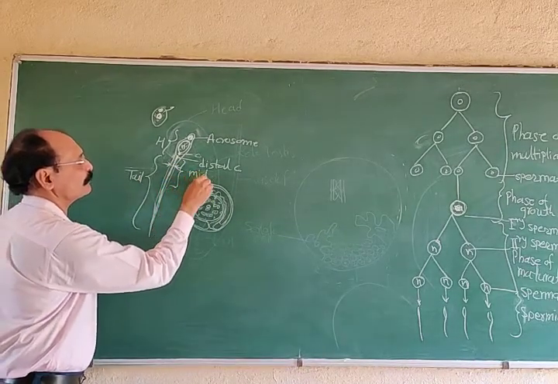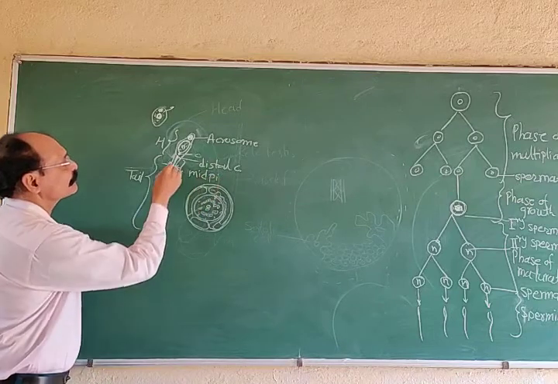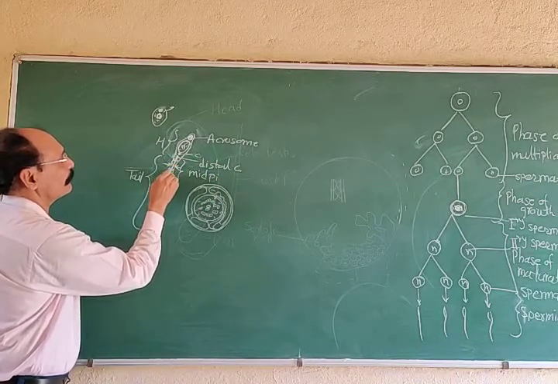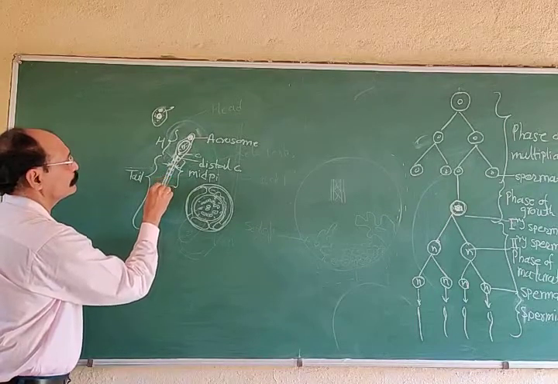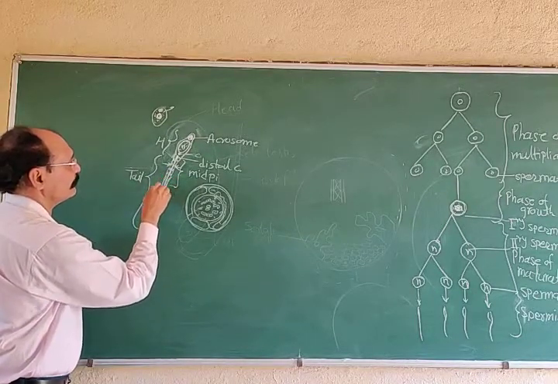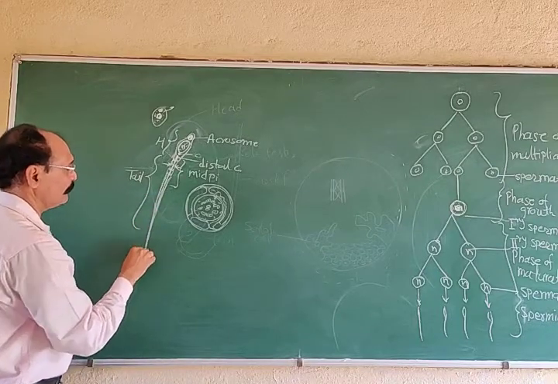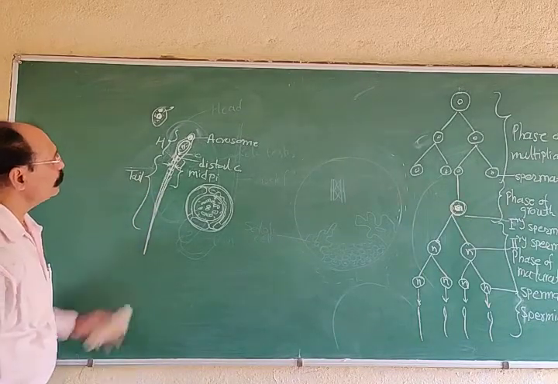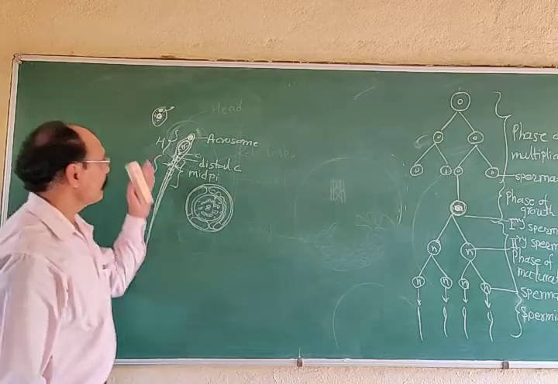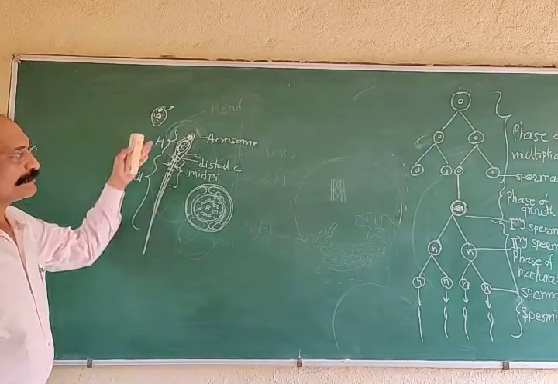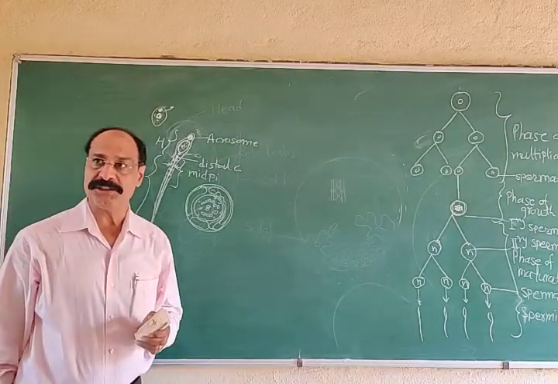After that there is the principal piece, and the last one is the end piece. So it is the process of change from the spermatid to sperm, and the process is called spermiogenesis.